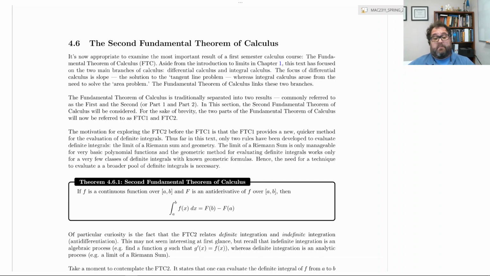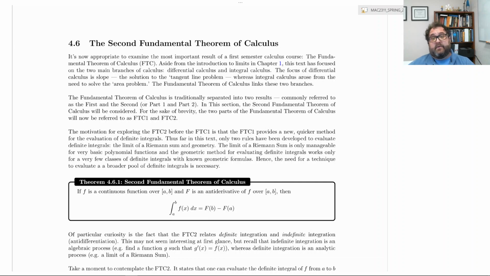Now it turns out both of those things don't work most of the time. Using a Riemann sum, especially for a Calc 1 student, does not work out unless you have a very specialized type of function, usually a polynomial. Obviously we want to work with functions that are not always polynomials.